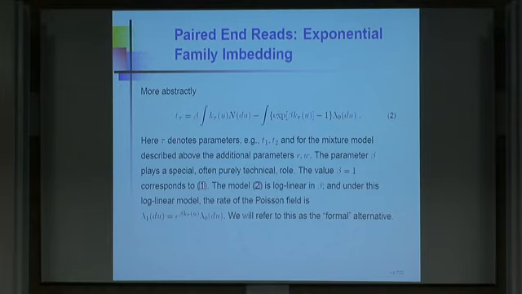So here's the abstract model I formulated, written in the form of the formal exponential log linear model. So I have this nonlinear kernel. I'm integrating that with respect to my underlying Poisson process.